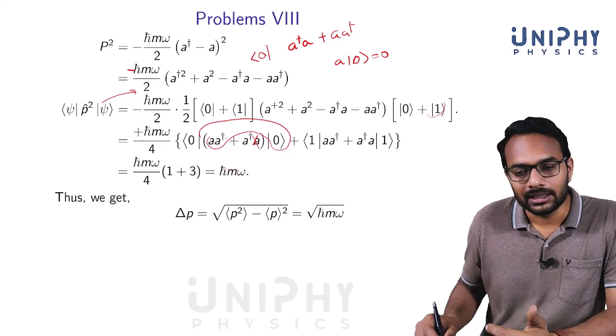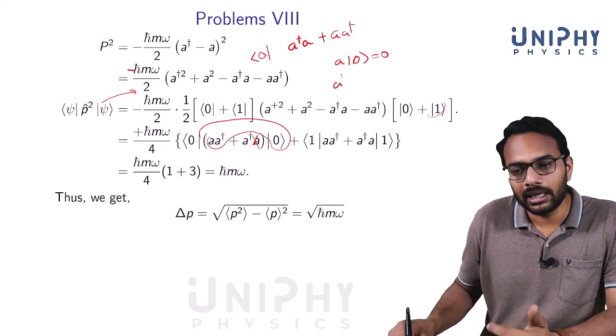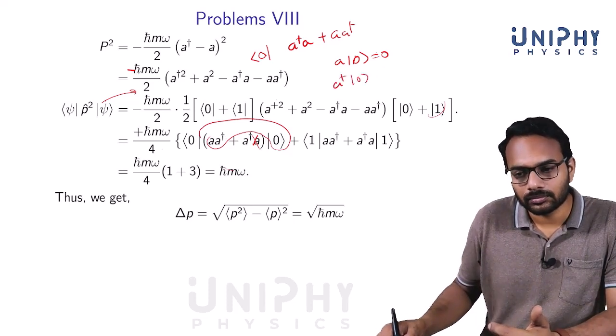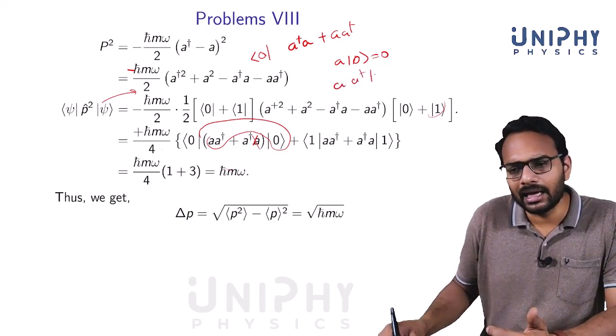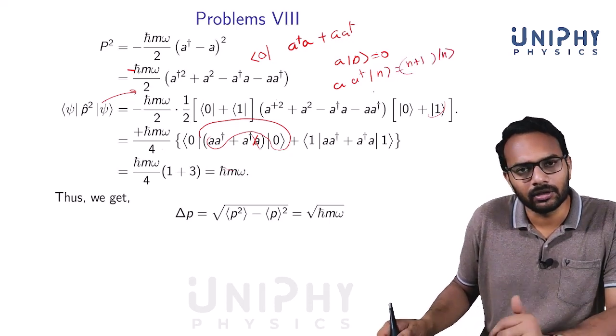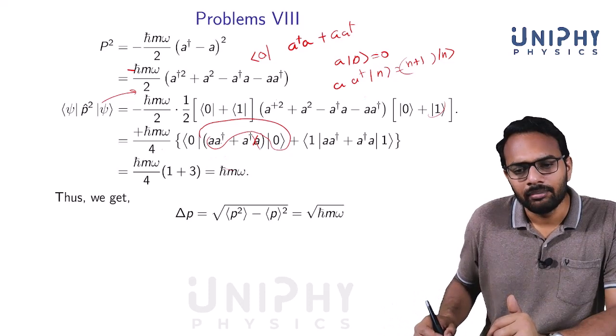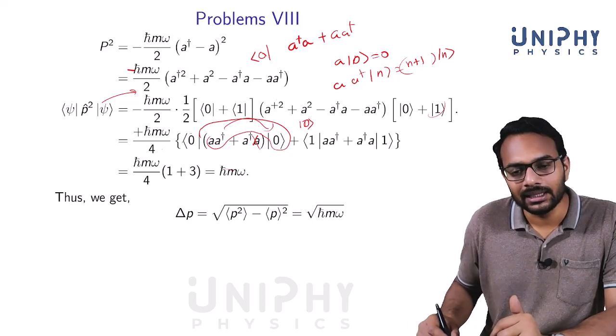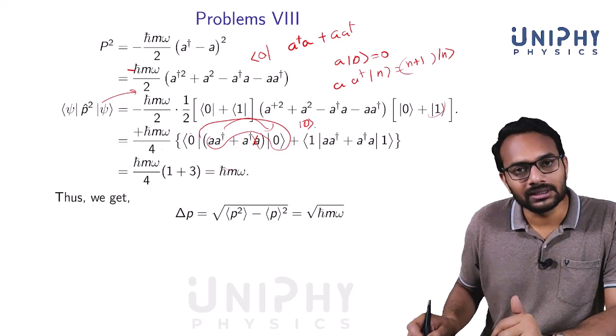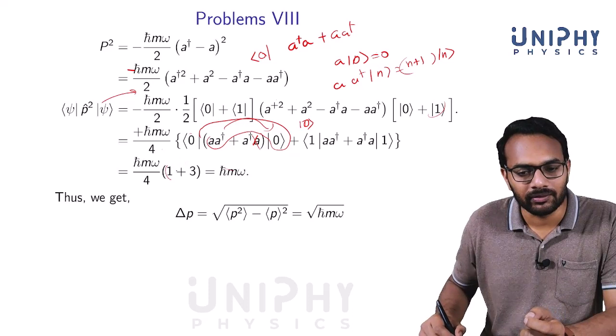We have already seen that a dagger acting on n gives square root of n plus 1 times ket n plus 1, if you remember from our previous class. a dagger takes it to state 1, and a acting on it again takes it back to state 0. So what we have is the bracket of bra 0 with ket 0, and that combination is 1. That's why we have got a 1 here.